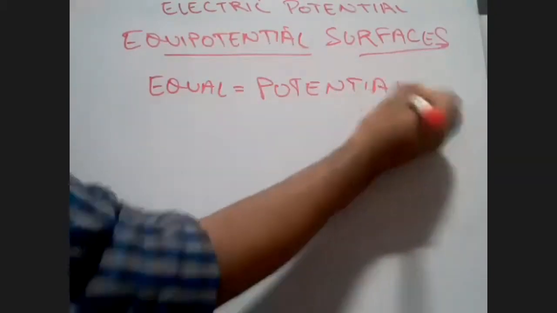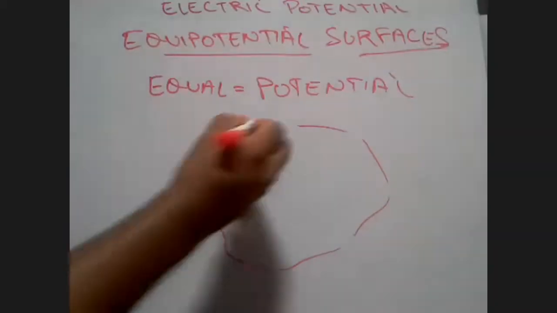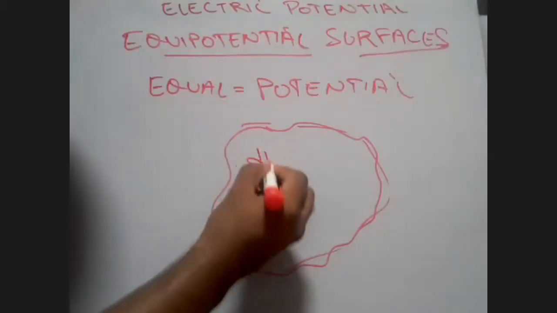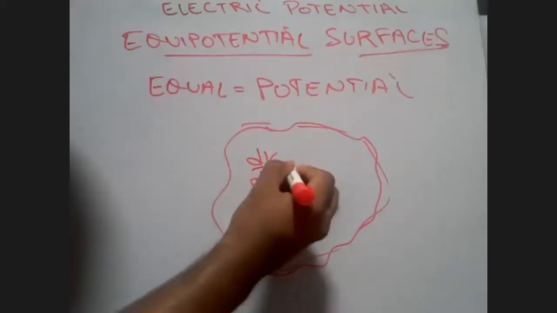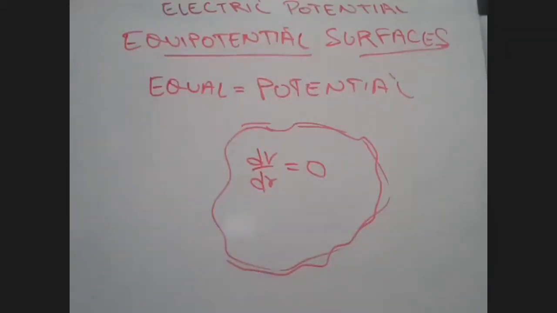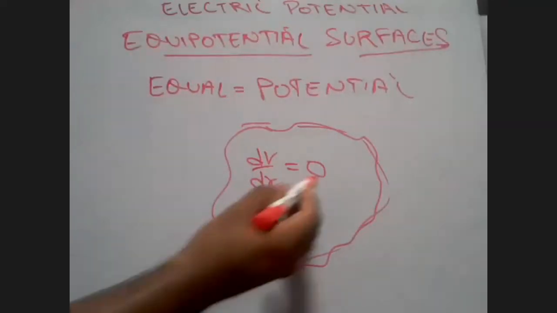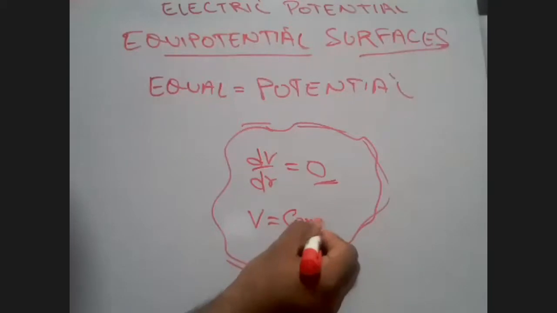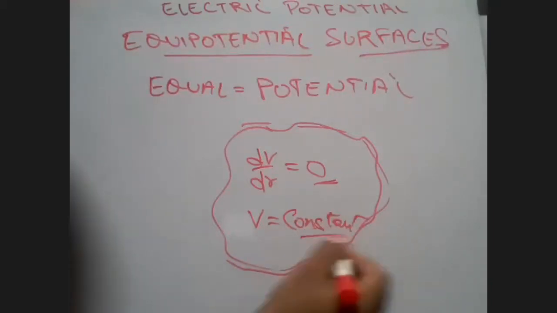You have some surface, of course it won't be irregular like this, but I'm just giving an example, that the potential is going to be constant. That means the rate of change of potential with respect to a certain distance r is going to be 0. And if this is 0, the potential will be a constant.